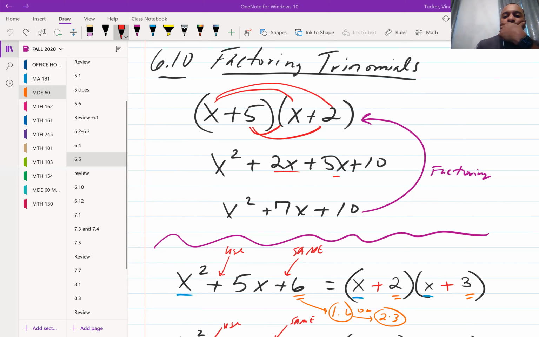I forgot y'all had a different one. I think it's like 13.2.